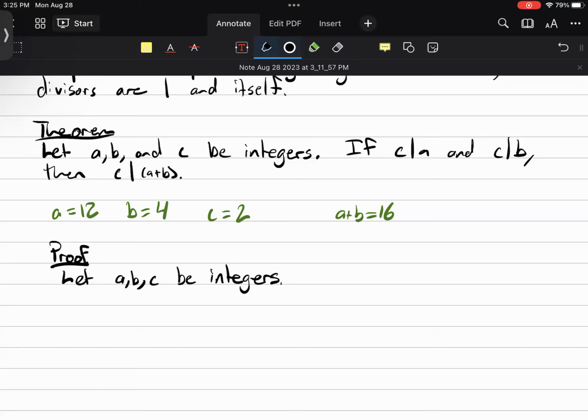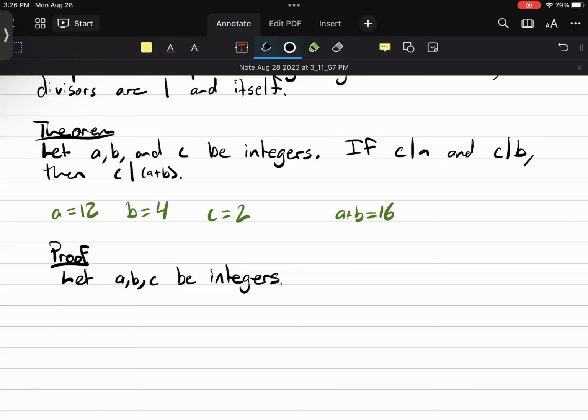But what else do I get to work with here? If C divides A and C divides B, then C divides A plus B. You read off the statement, but you're looking in the right area, right? Close. So look at the if-then statement, right? Following the if is what we call our hypothesis. Following the then is the conclusion.